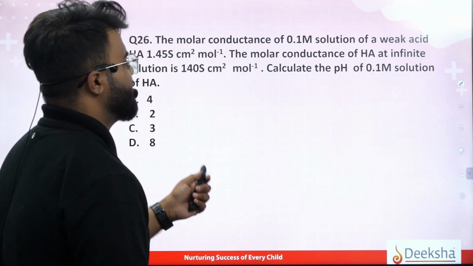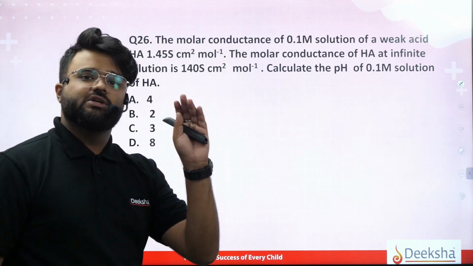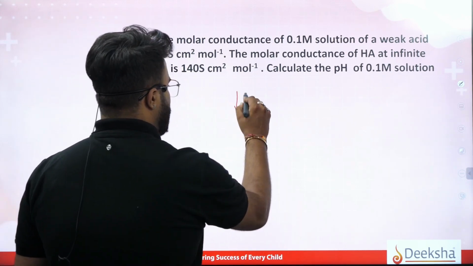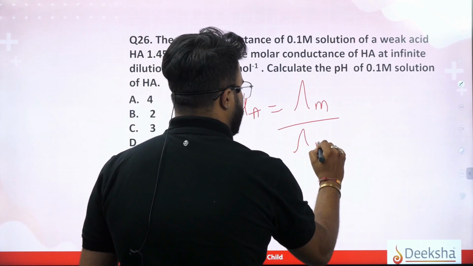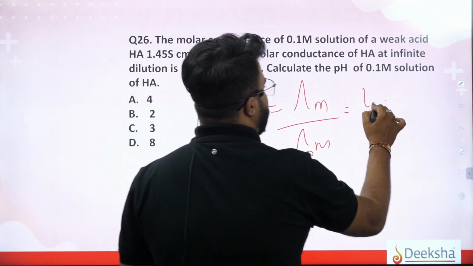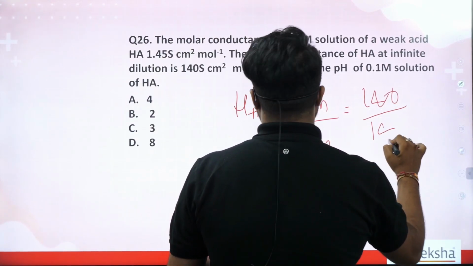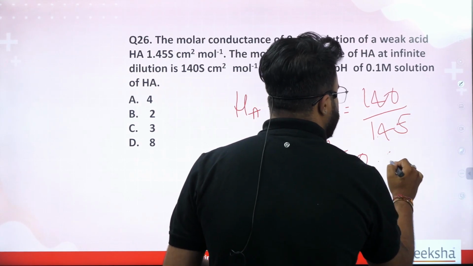Calculate the pH of the 0.1 molar solution. So we know that the degree of dissociation alpha is equal to lambda m divided by lambda m naught. First they have given 1.45 divided by 140, so if we do it, we get 0.01.